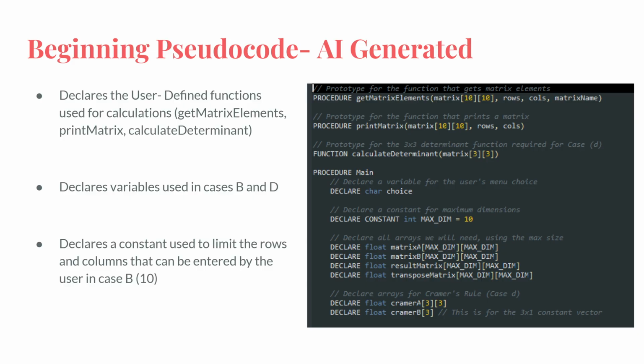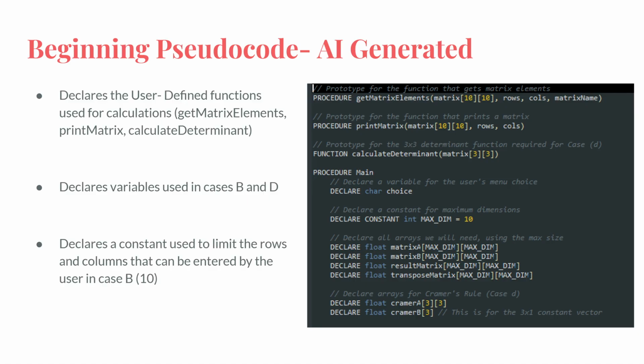For the AI-generated pseudocode, it also begins by declaring the functions that will be used throughout the calculations. However, they not only have one for calculating the determinant, they also have one for obtaining the matrix elements along with printing the matrices. And then they also go in to declare the various variables that they'll be using.